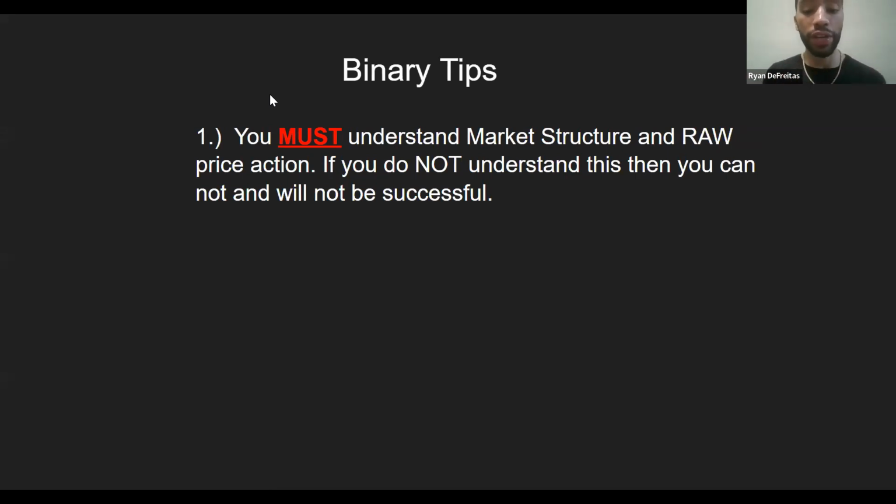And understanding market manipulation. Then you can also combine it with whatever binary strategy you want. But you need all of those things as a base, as a fundamental. So it doesn't matter how many indicators you have on binary, you still need raw market structure and price action to kind of give you a base.